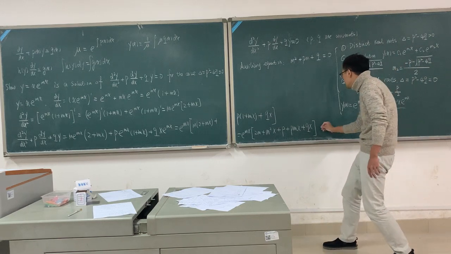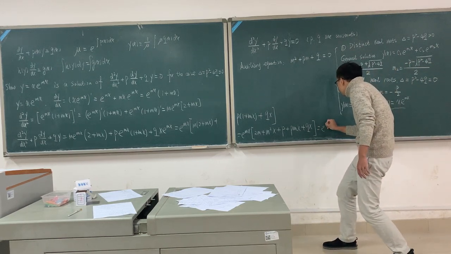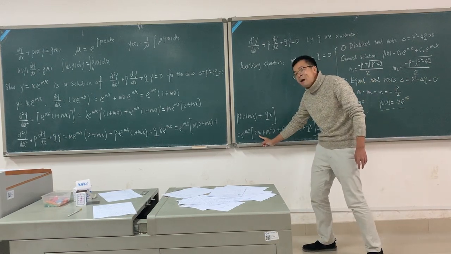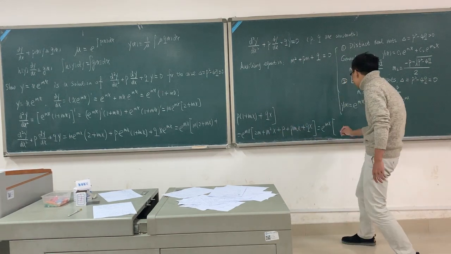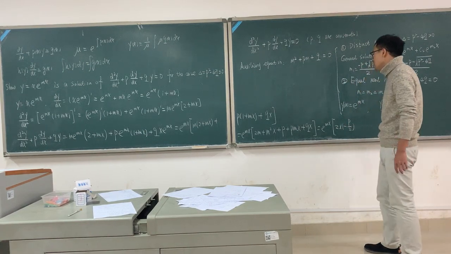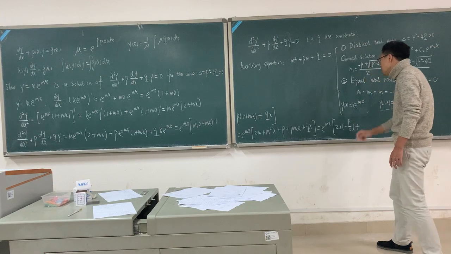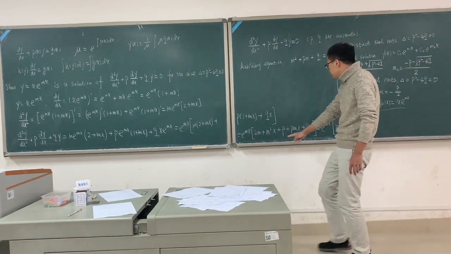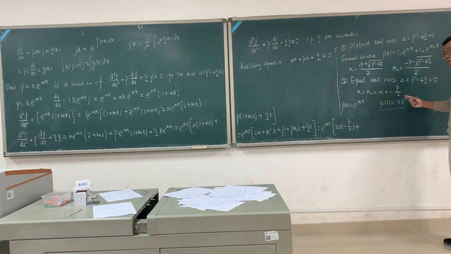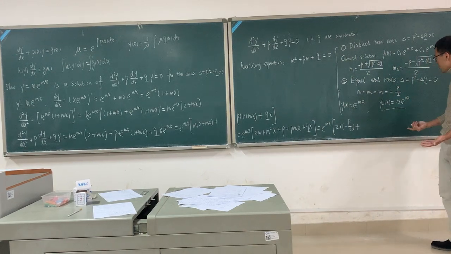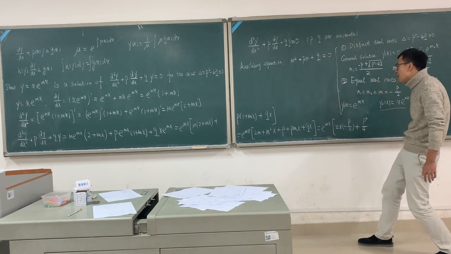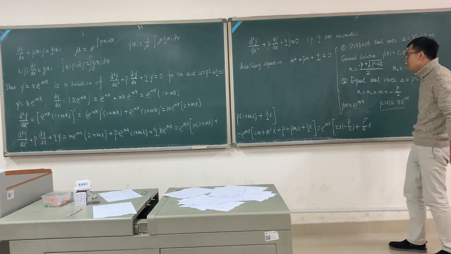So here we have e^(mx), and replacing m by minus p by 2, the first part is 2 times minus p by 2. Plus m square, which is (minus p by 2) square, so p square by 4 x, the second part.